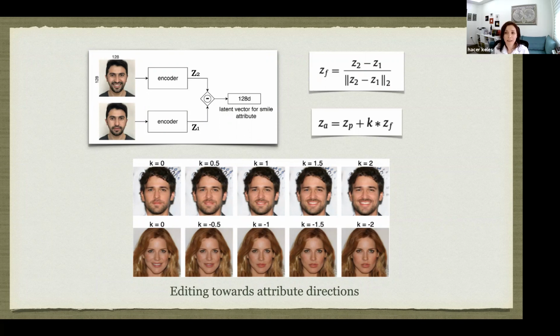Here we randomly sample, I mean, after computing the direction, generate an image. The depicted images are generated images. We iterate in the normalized attribute direction that we computed using the smiling face Z representation and neutral face Z representation, computing the vector direction as shown on the top right.